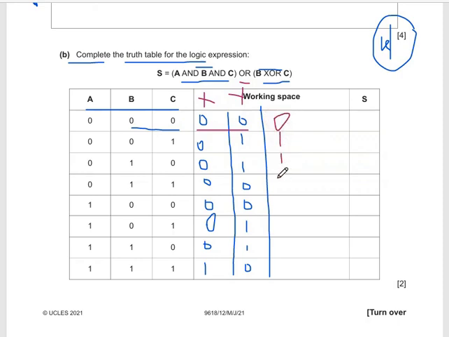It is 1. It is 0. It is 0. It is 1. It is also 1, and it is also 1. Because we know that in an OR gate your output is 1 if either input is 1. If both inputs are zeros, the result will be 0. Hope you get that.